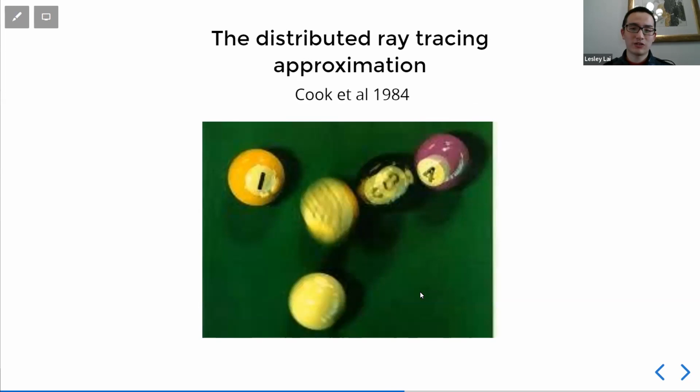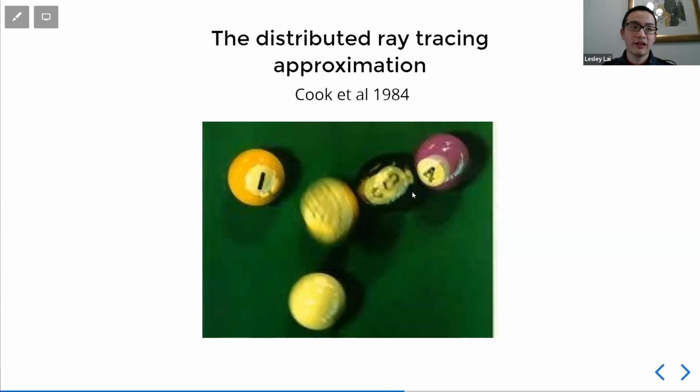The next iteration is the so-called distributed ray tracing approximation, which basically uses some Monte Carlo method when calculating light sources.